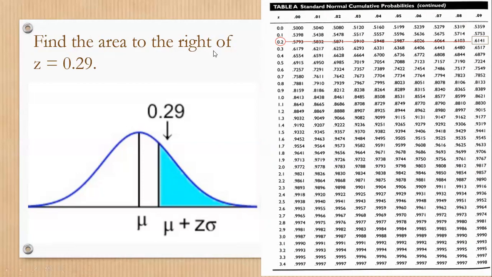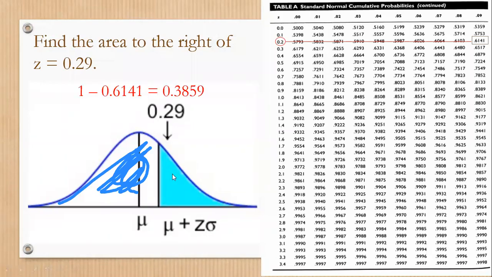Okay, why? Look at the table. Okay, you are just asked to find this area. But remember, the area of a normal curve is always equal to 1. So there is no need for us to use this part. So that's why we need to subtract the 0.6141 from 1 in order for us to get this area.